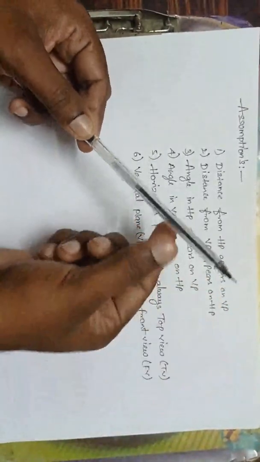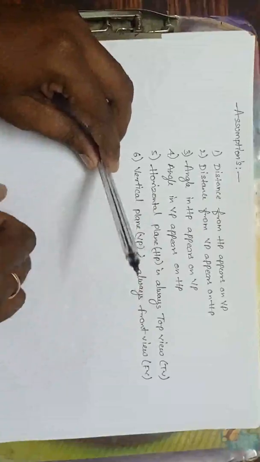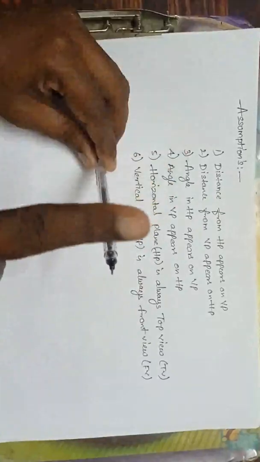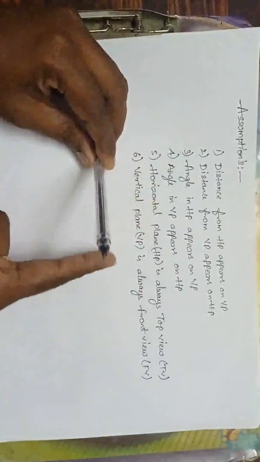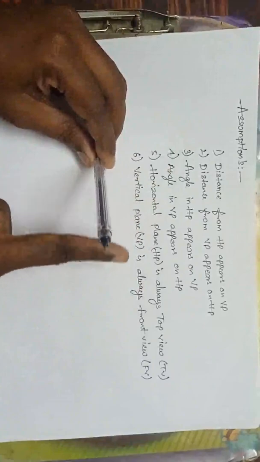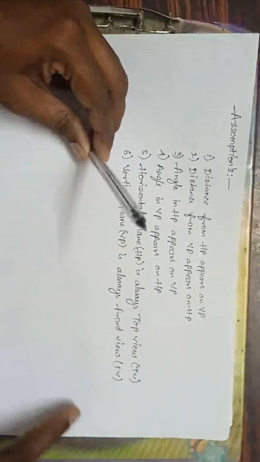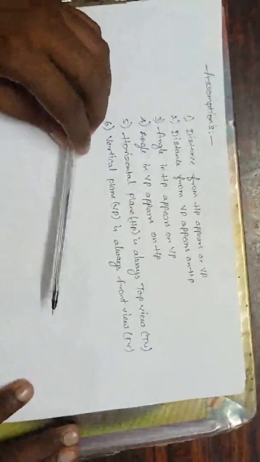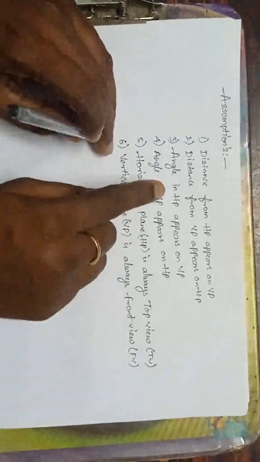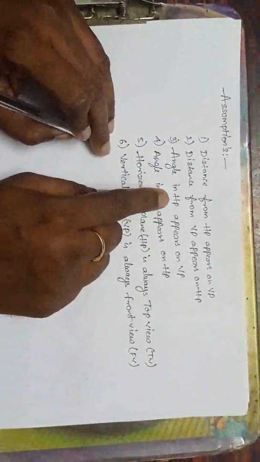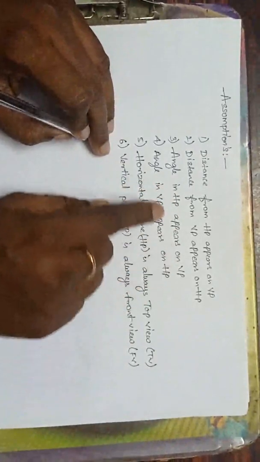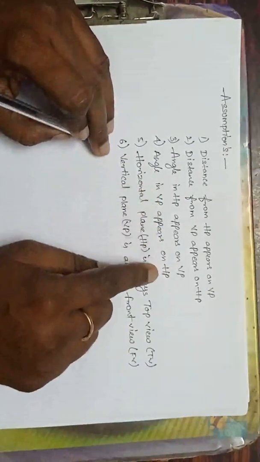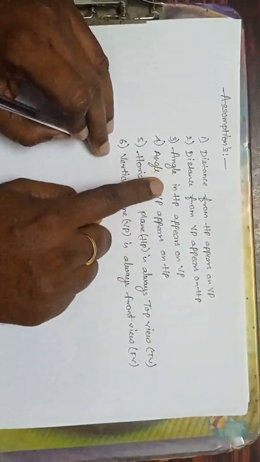This is inclined to the HP. From the top view, it will appear like this, so it is inclined at some angle, say 45 degrees. This will appear in the VP. If it is inclined to the HP, that inclination appears in the VP. If it is inclined to the VP, it appears in the HP. The angles are also like this.